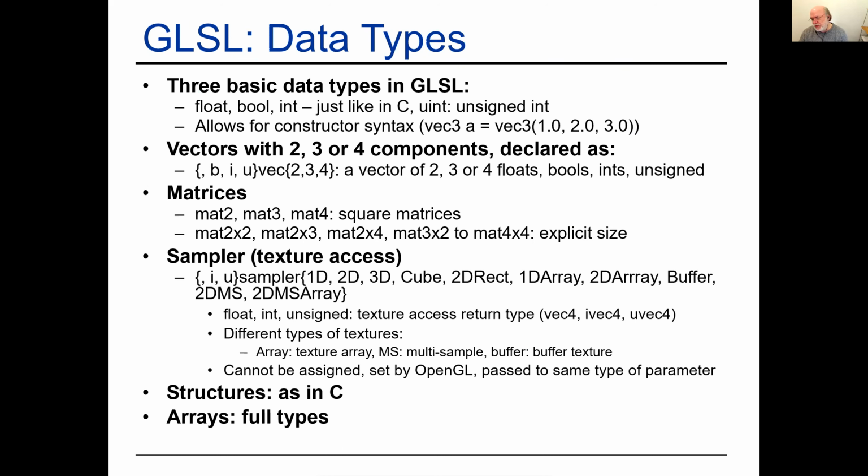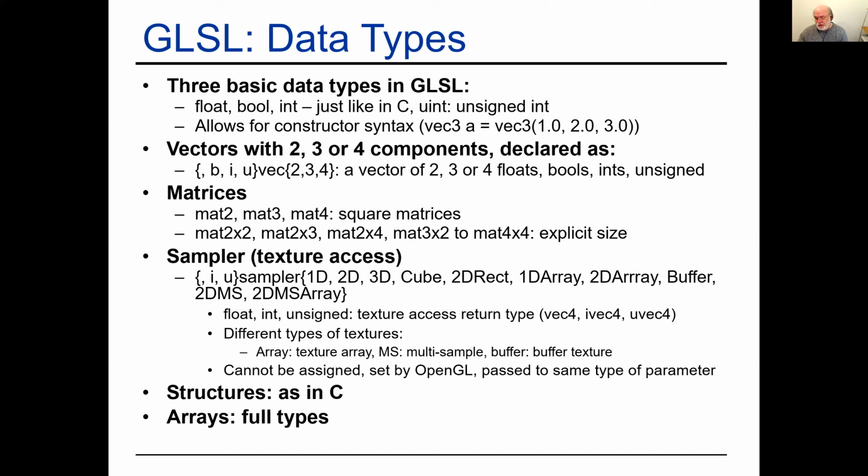It is then used for the different programmable stages. So some of the differences or similarities: there are all the basic data types, floats, bools, integers, also unsigned integers and things like that. But one difference is that it has this kind of constructor syntax where you can construct a more complex data type, like a vector, a vec3. Vectors are intrinsic types, which is not the case for C, of course.